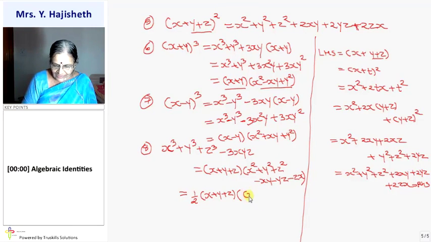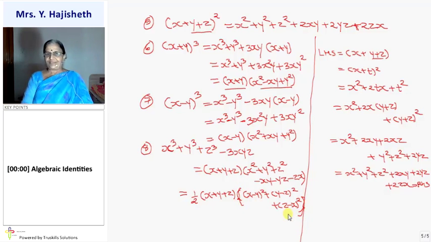It is (x - y)² + (y - z)² + (z - x)². This is a modified formula, another form of this formula. Clear? So that we are doing it as a sum.